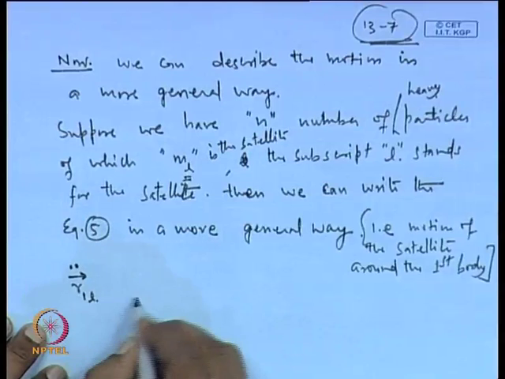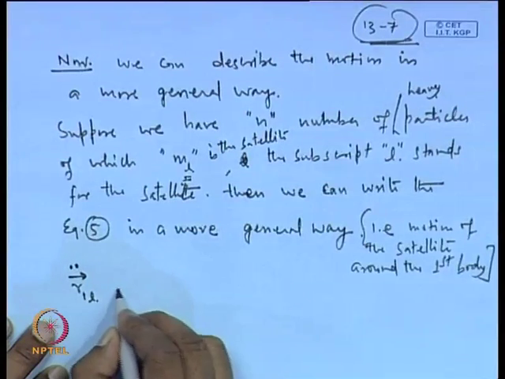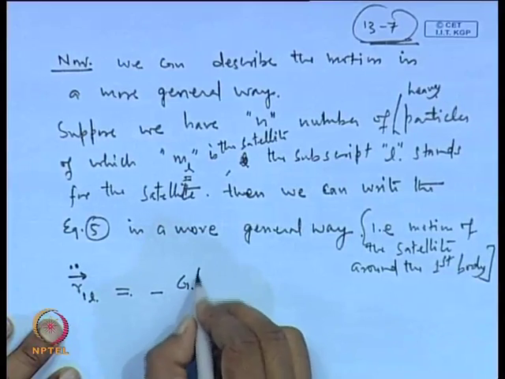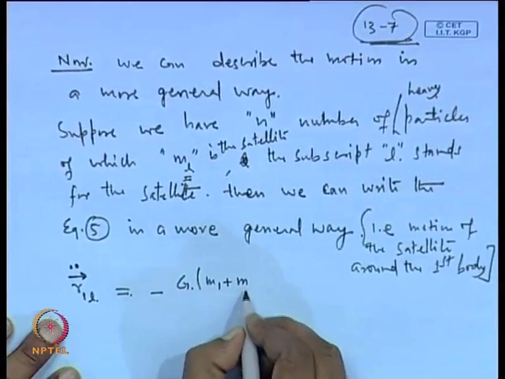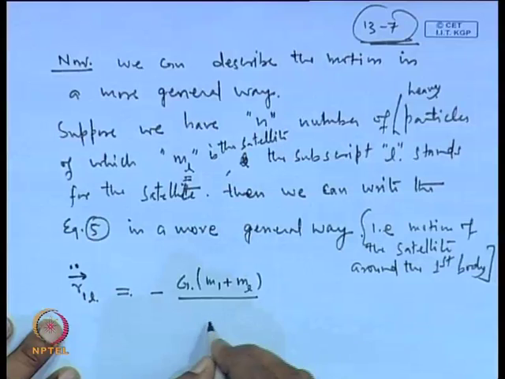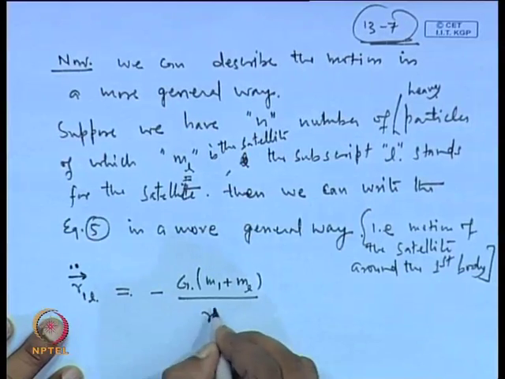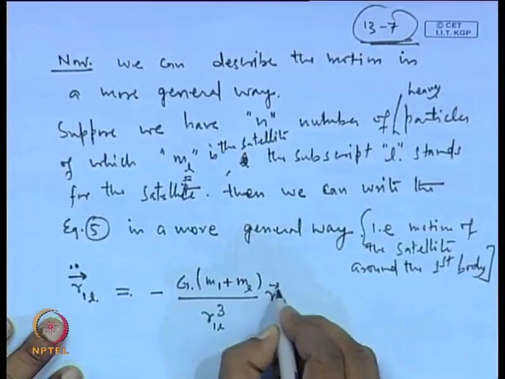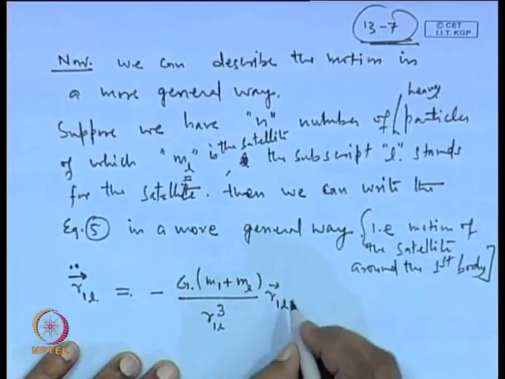Okay. So, r1 L double dot will be equal to minus G times m1 plus ml divided by r1 L whole cube, times r1 L. So, here 3 we have replaced by L, okay.